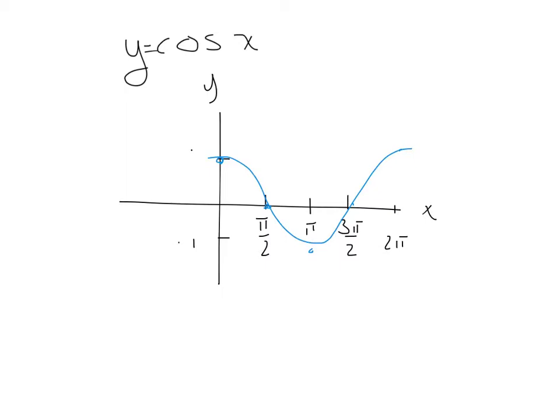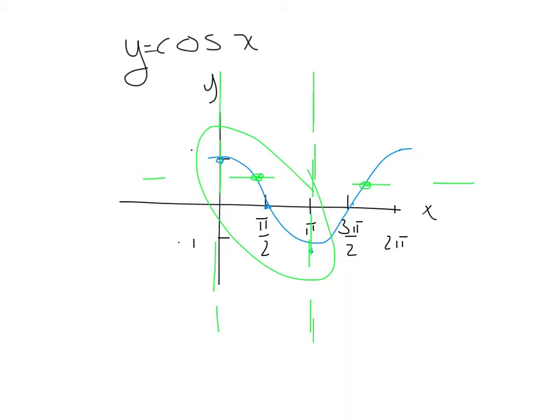We can clearly see that it does pass the vertical line test, but it does not pass the horizontal line test. So the inverse has to be restricted. If I restrict the graph to, say, just this region here, this piece of the graph, 0 to pi, will pass the horizontal line test.